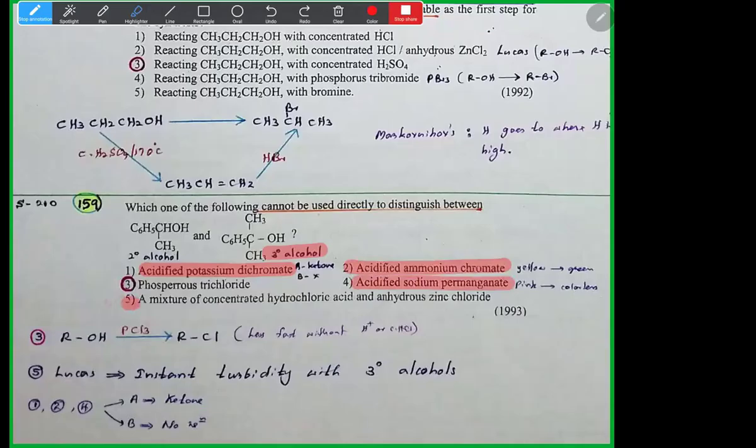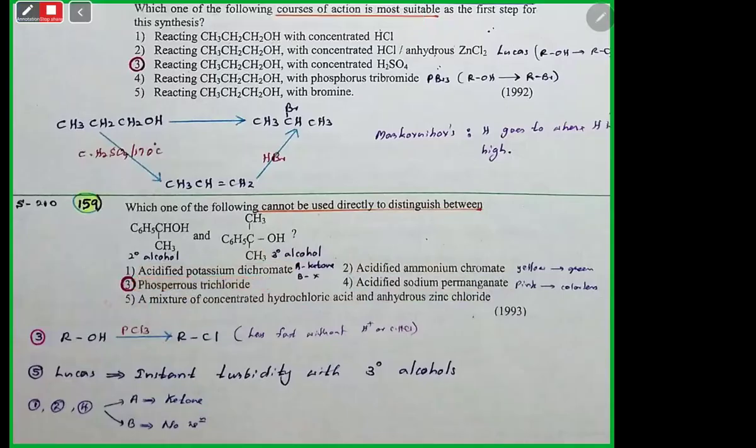This is the Lucas reagent, but phosphorus trichloride, exactly the same thing happening as the Lucas reagent, but there is no turbidity observation if you don't have this zinc chloride, this catalyst. That is the answer. No catalyst, number 3. All the other 1, 2, 4 are strong oxidizing agents. They oxidize only alcohols to ketones, secondary alcohol. So that's 159, answer 3.